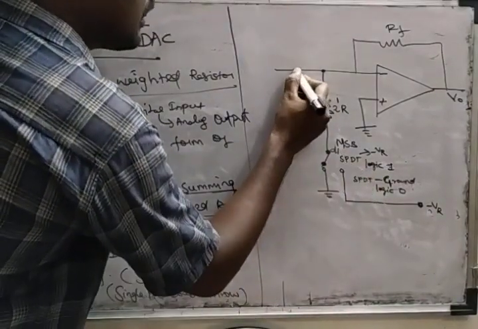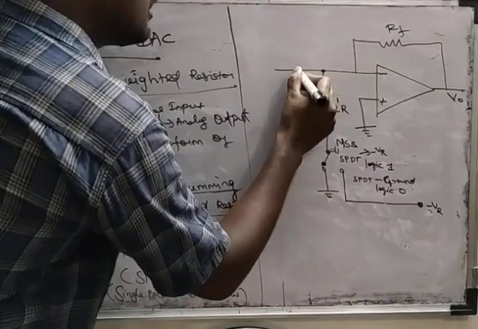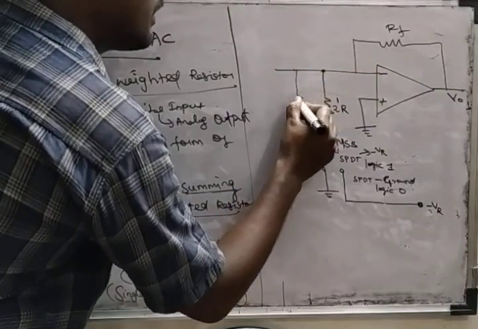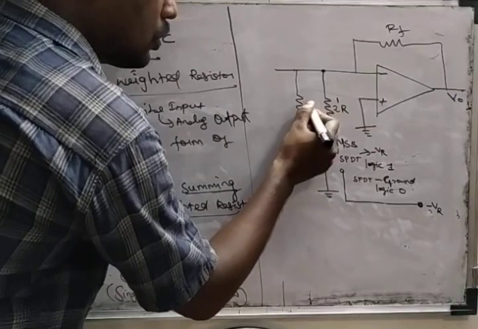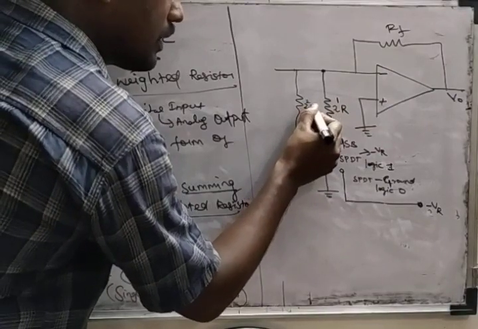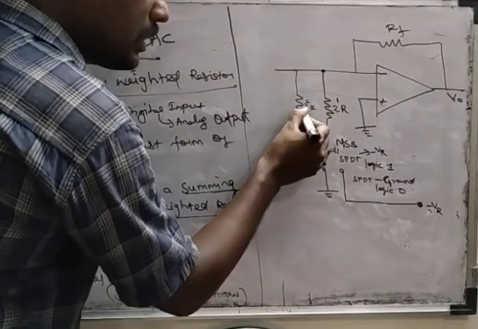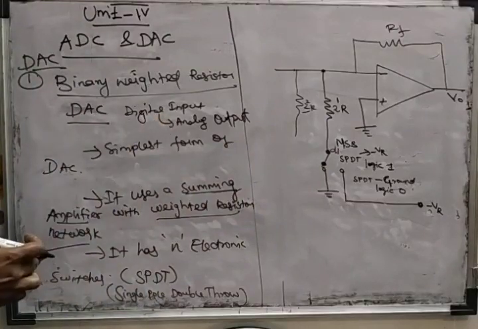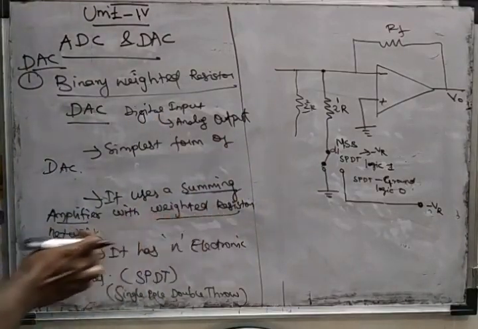Next, we are giving 2 power 2 into R. So your weighting factor is 2 power 2. So it is a weighted resistor network.